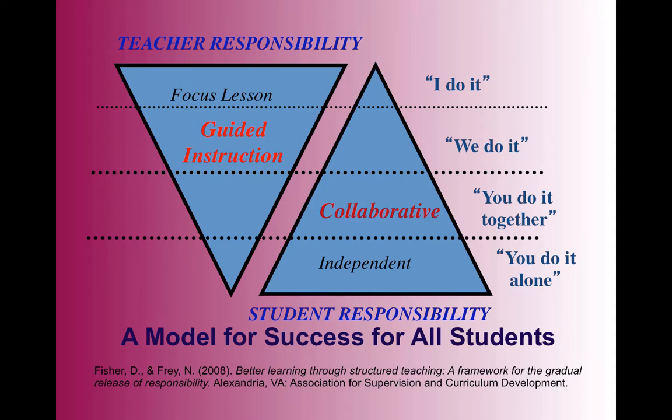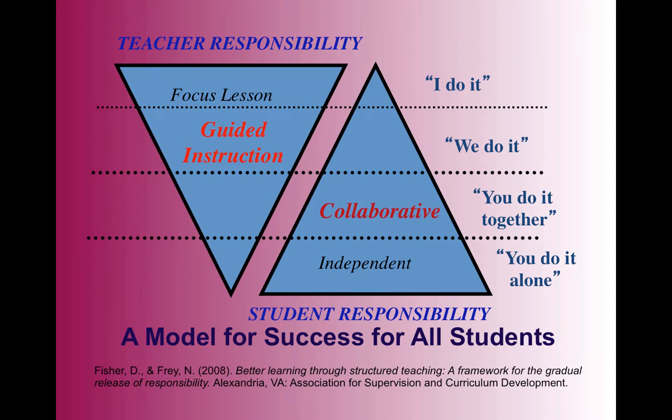Then you have the collaborative. This is the part that's very different from what some of us are used to. The teacher is actually stepping back and giving less airtime to themselves, so you're taking that facilitator role.